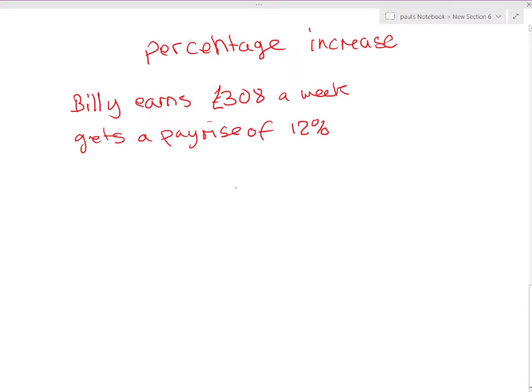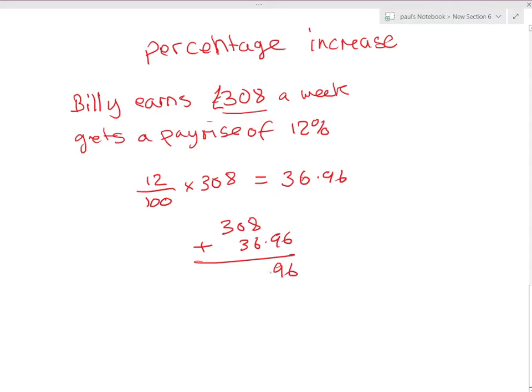So we're going to find out what 12% of 308 is. And that's £36.96, and then we just add it on. So 308 plus 36.96 is 344.96. So that's his new pay.